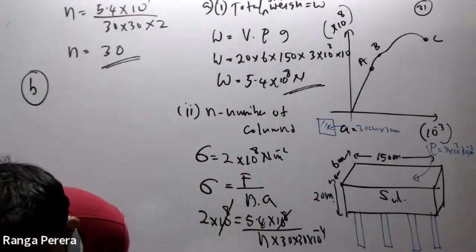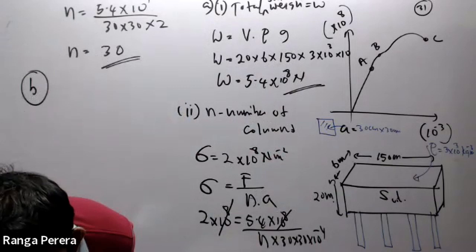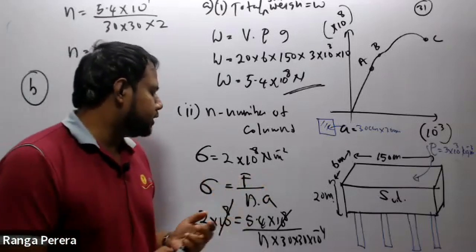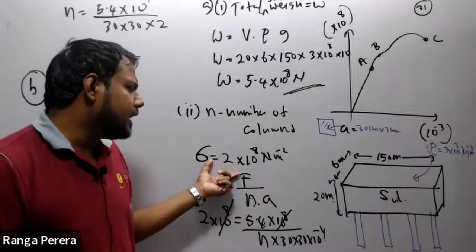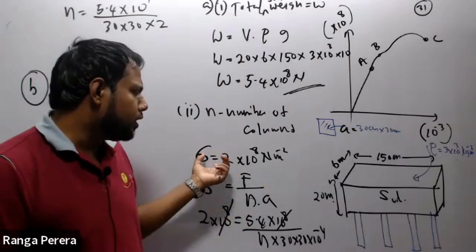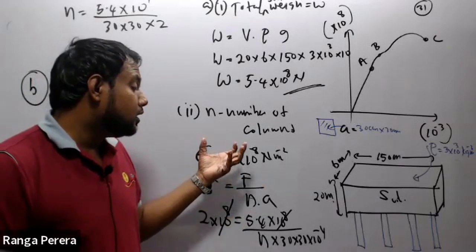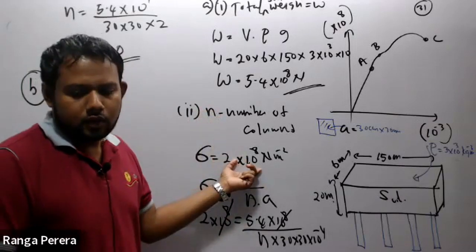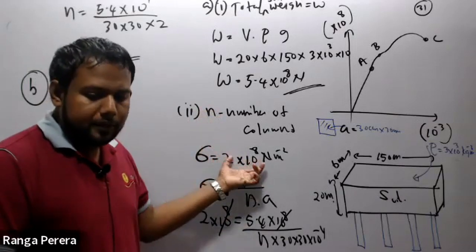So there's a question again. Since it says stress for each column, don't we have to multiply the stress by n? No. The stress that is tolerated by one single column is this value.